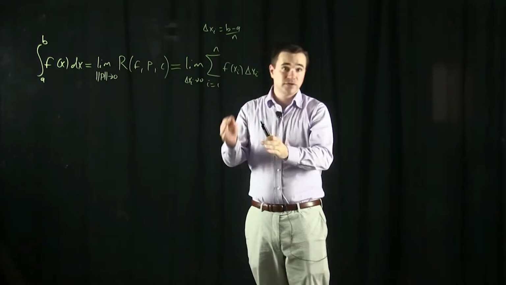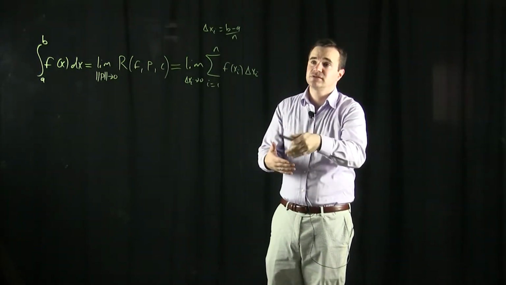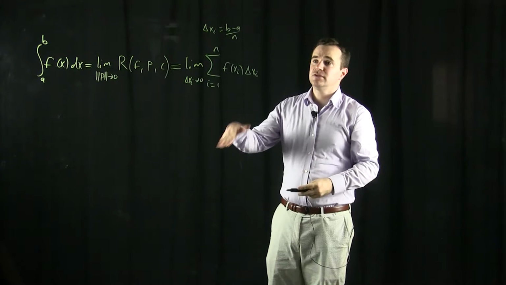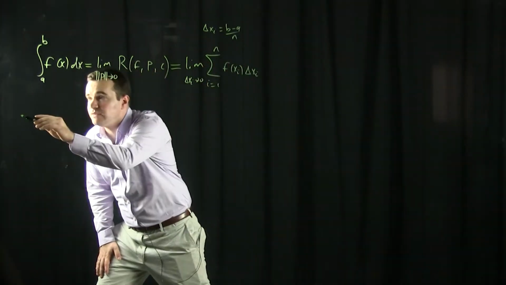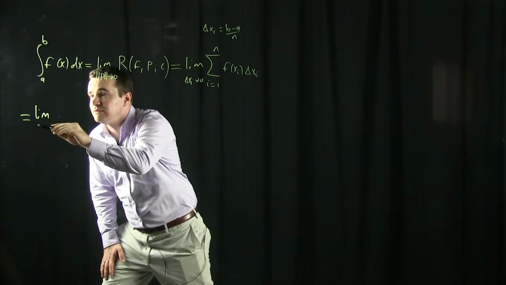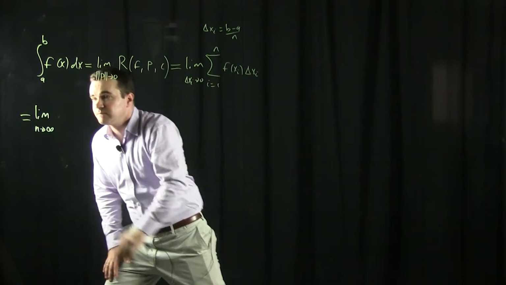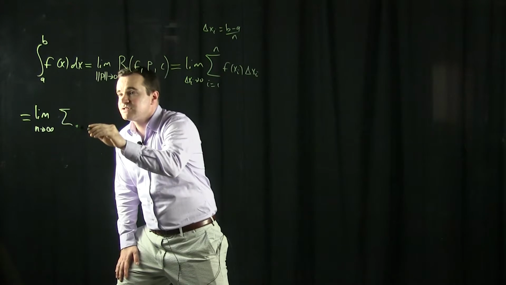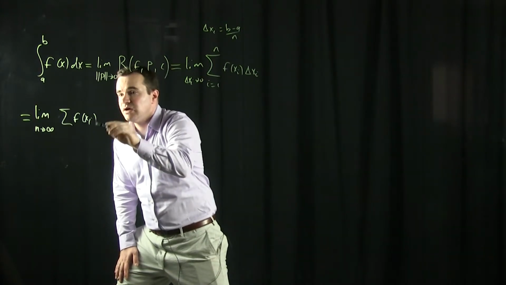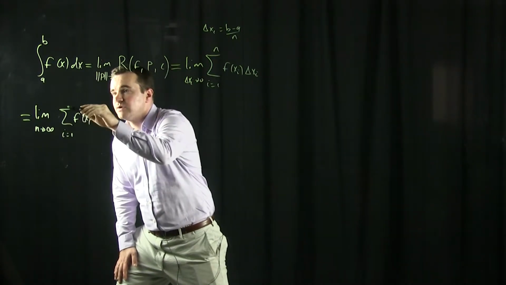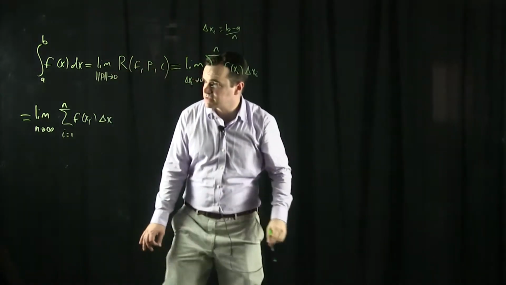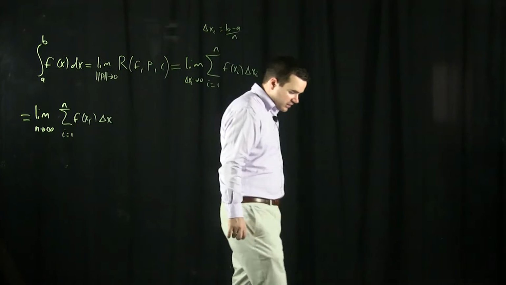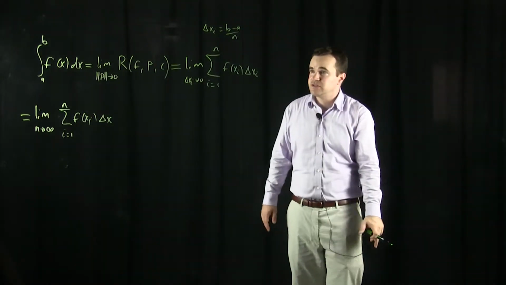So as n goes to infinity, as the number of rectangles gets larger and larger, then certainly delta x_i is going to go to 0. So I could even come back here and rewrite this whole thing as nothing but the limit as n goes to infinity of this sum, f of x_i, i goes from 1 to n, times delta x. And this is maybe more intuitive or easier to understand.